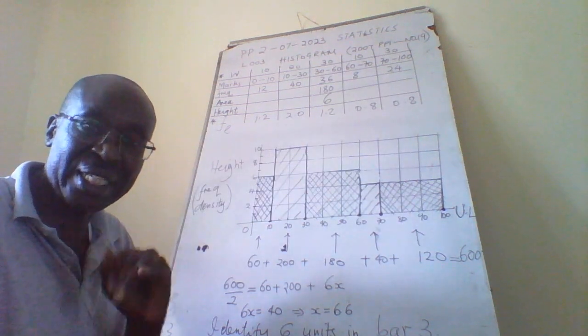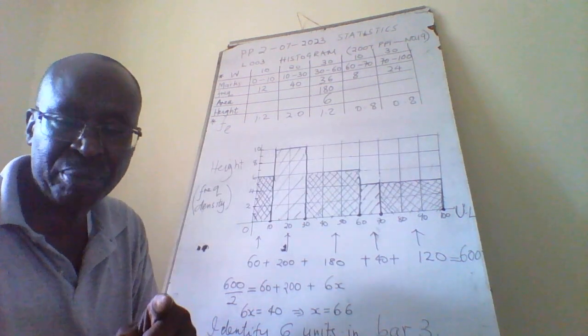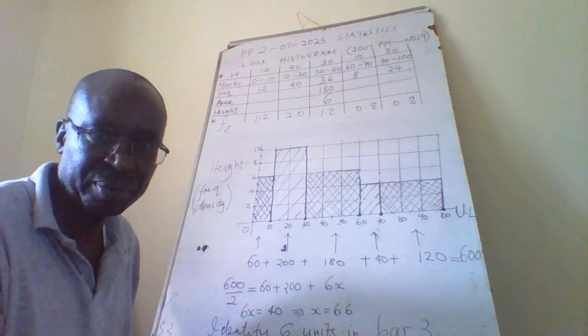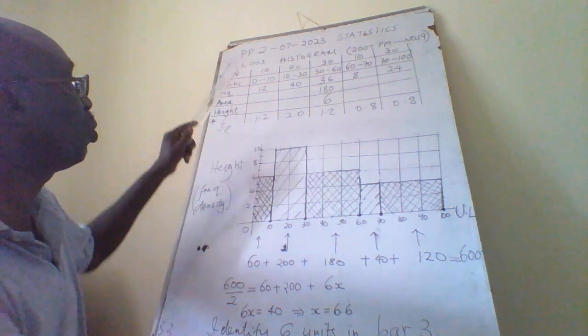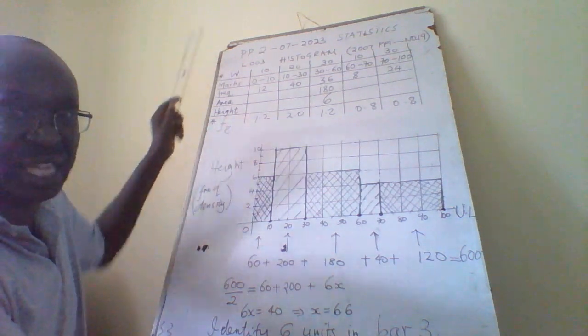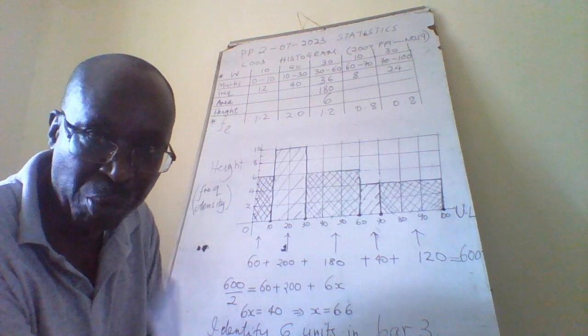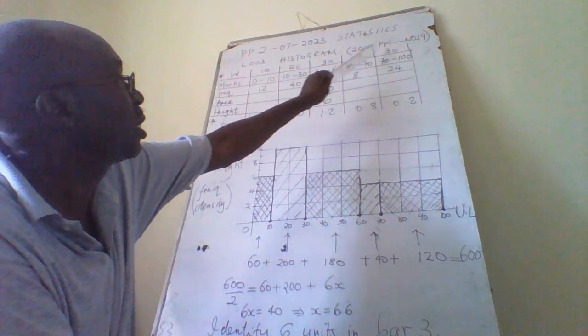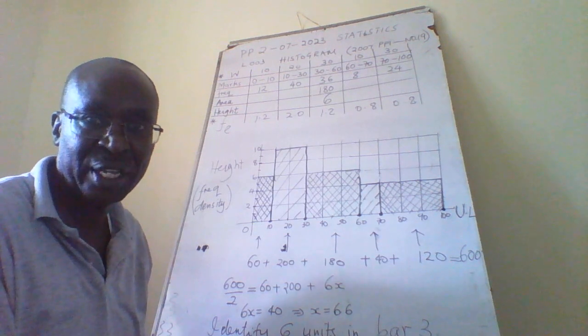And I had stated that in histogram, you need to know frequency density. So in the small space that is left above the table, you can squeeze the width, which are these ones. Okay?